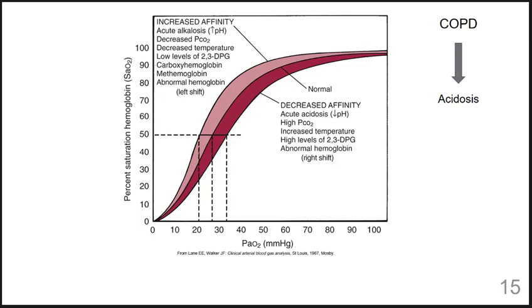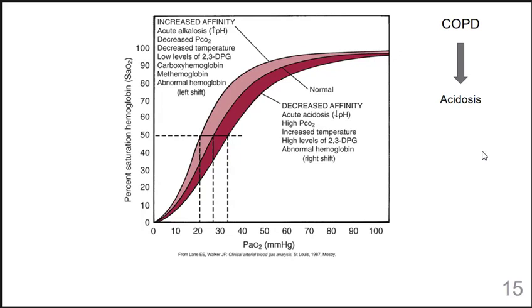And then once it reaches the tissues, we want it to dissociate and leave the hemoglobin and enter the tissue. Imbalances can occur where the dissociation and association isn't where it should be. Those with COPD tend to be in an acidotic state because of the higher levels of carbon dioxide present, what we call hypercapnia. And so we see this decreased affinity, this shift of the oxyhemoglobin dissociation curve to the right.